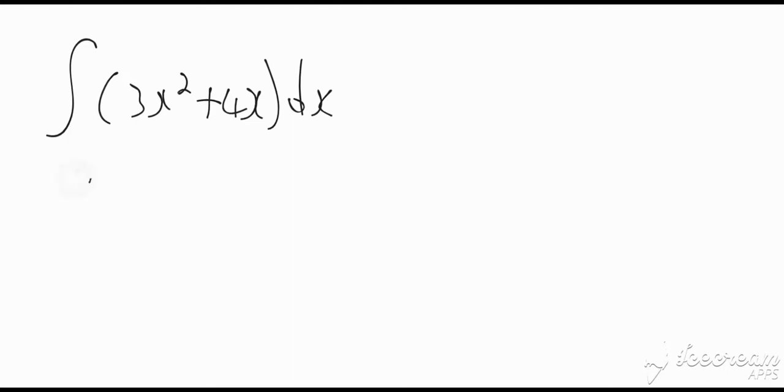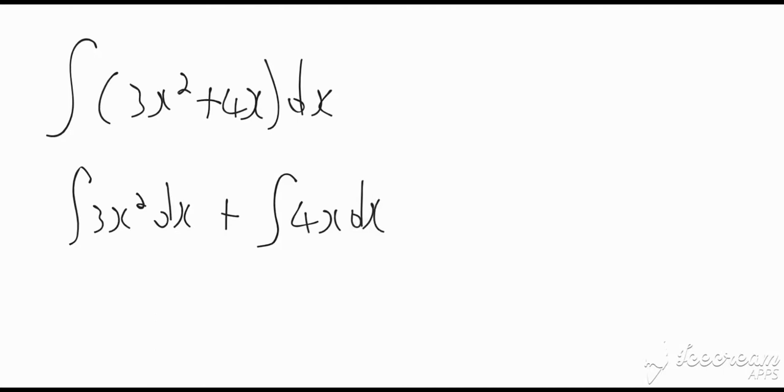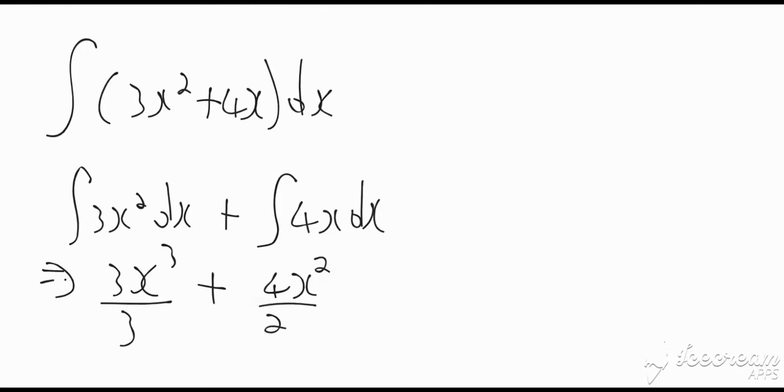So I could say the integral of 3x squared dx plus the integral of 4x dx. We know the procedure. We add 1 to the power and we divide by the new power when it comes down to the polynomial. So I'm going to have 3x. If I add 1 to the square, I'm going to have cube over 3, plus 4x squared, because the power there is 1, over 2, plus c.